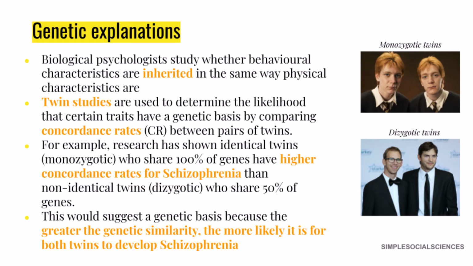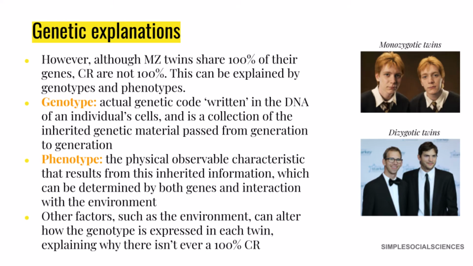Research has shown identical twins who share 100% of their genes have higher concordance rates for schizophrenia than non-identical twins who share 50% of genes like any other sibling. This would suggest a genetic basis because the greater the genetic similarity, the more likely it is for both twins to develop schizophrenia. However, although identical twins share 100% of their genes, concordance rates for anything is never 100%.